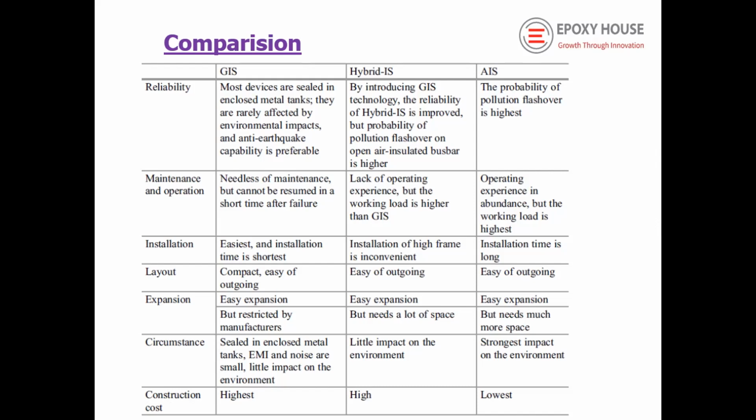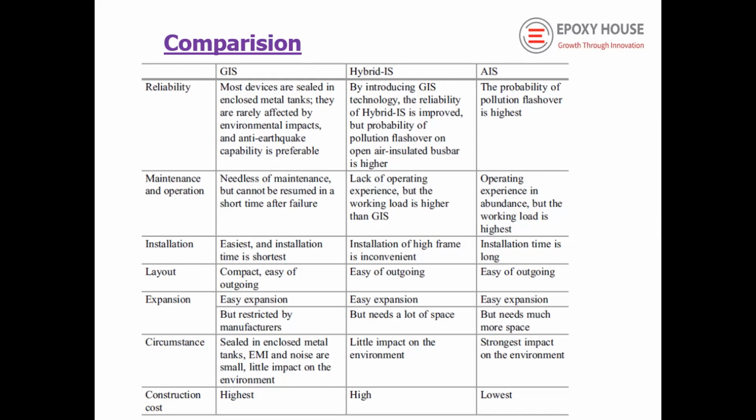So the total switchgear reliability is very good. From the maintenance and operation point of view, compared to the AIS, it is slightly difficult. If you want to do any maintenance, you have to have an initial design plan. The maintenance requirement has to be considered during the design of the substation itself.